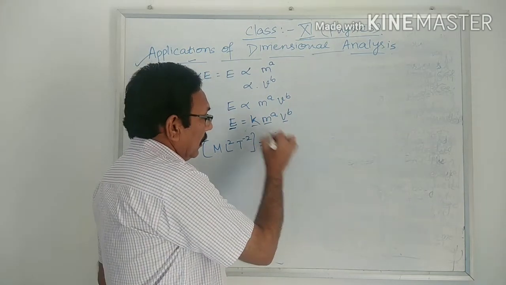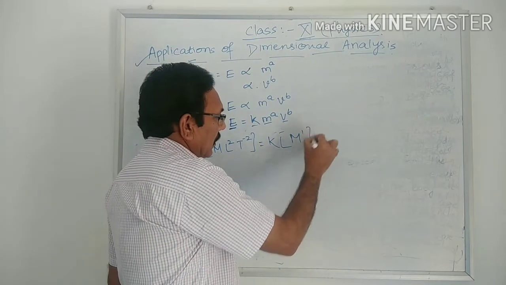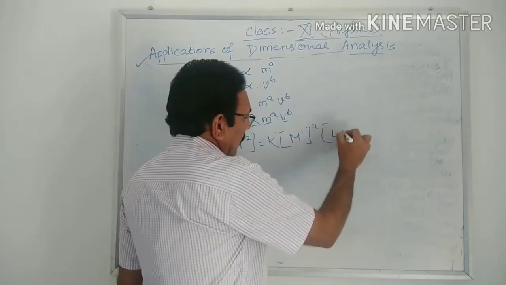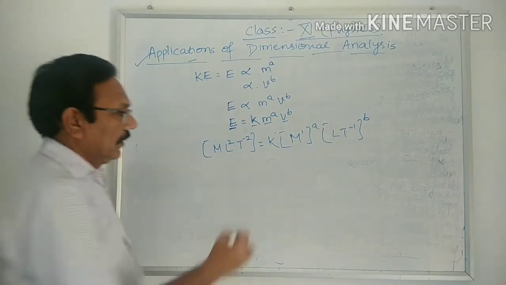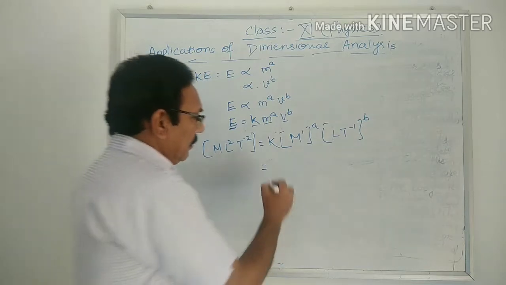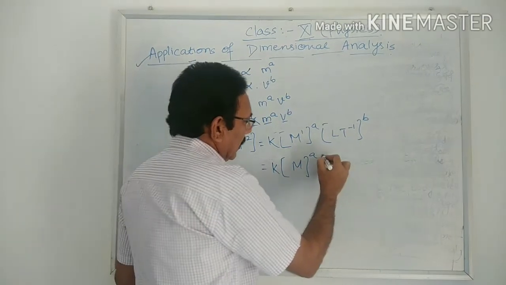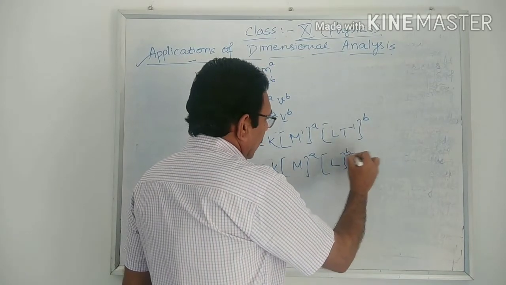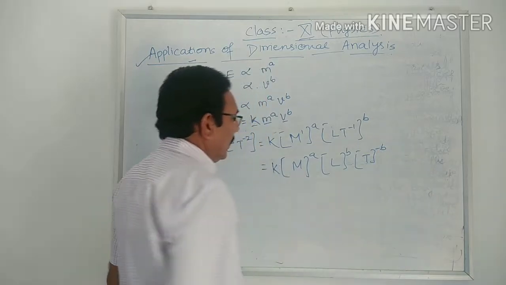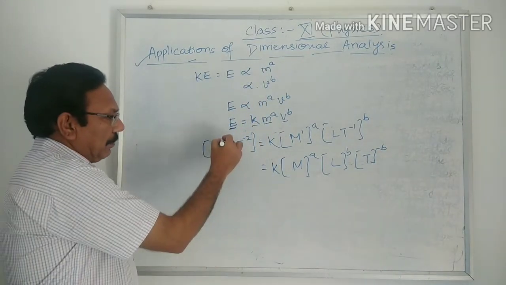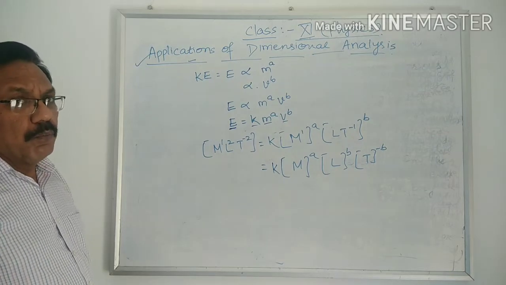This equals K, mass having dimension M raised to power A, velocity LT⁻¹ raised to power B. On simplification, this becomes M raised to power A, L raised to power B, and T raised to power minus B. Now we compare the dimensions of M, L and T on both sides.